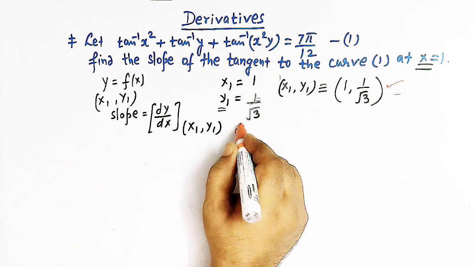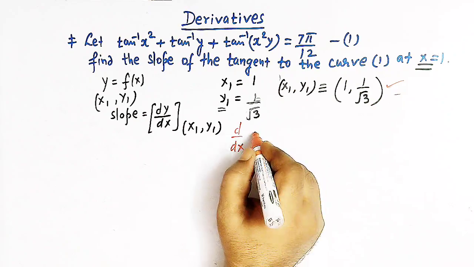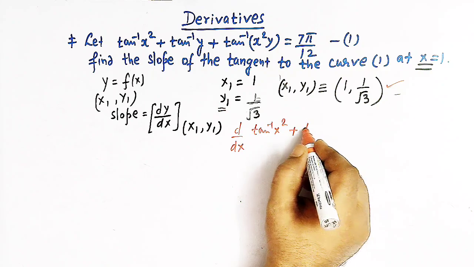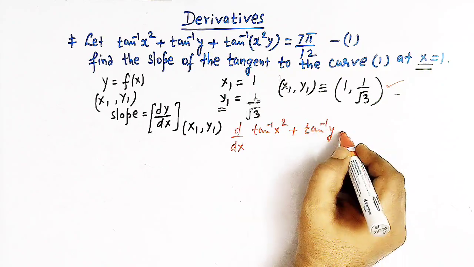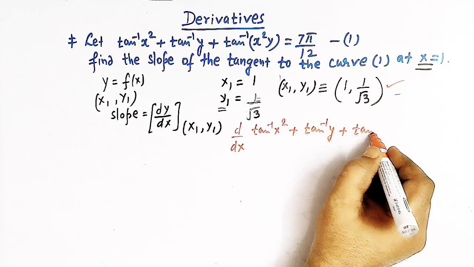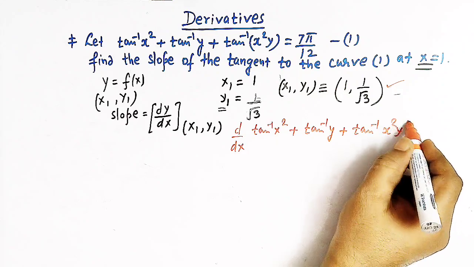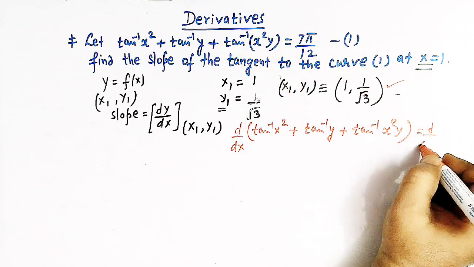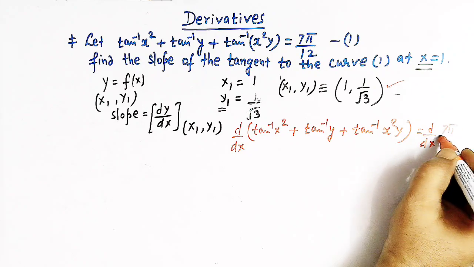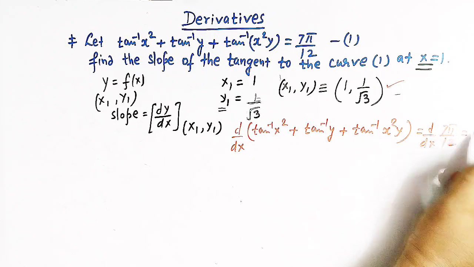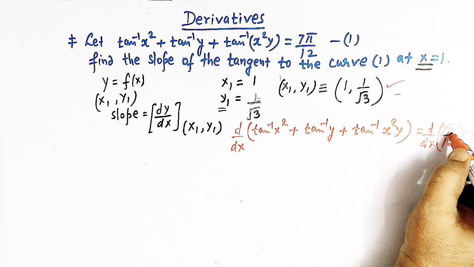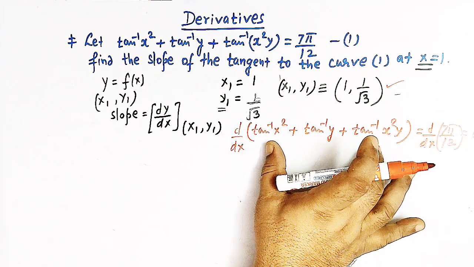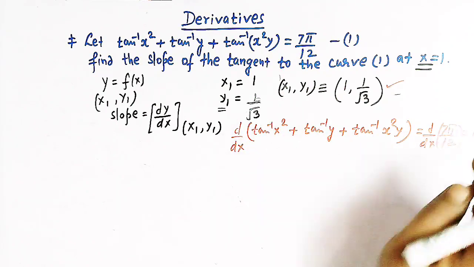So we have d by dx of tan inverse x squared plus tan inverse y plus tan inverse x squared y, and the derivative of 7 pi by 12 is equal to 0 because it is a constant. So d by dx of this quantity is now equal to 0.